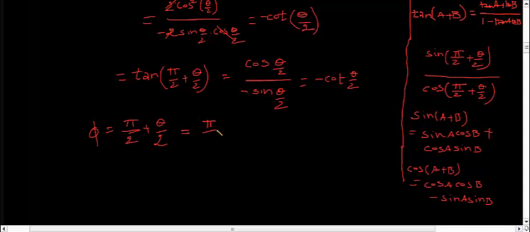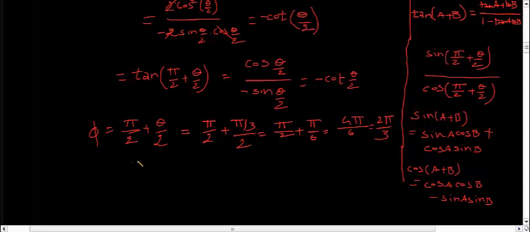So let us just write this, pi by 2 plus pi by 3 by 2, that is nothing but pi by 2 plus pi by 6, which is equal to (3 pi plus pi) by 6, that is 4 pi by 6, which is equal to 2 pi by 3. So phi, that is the angle between the radius vector and the tangent, is equal to 2 pi by 3.